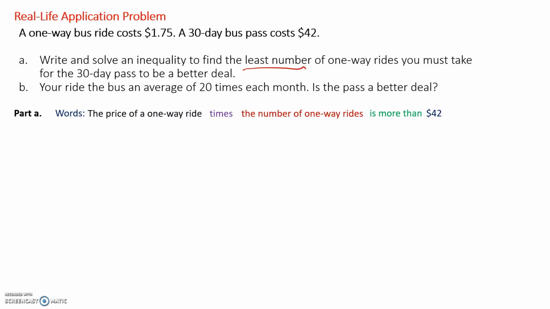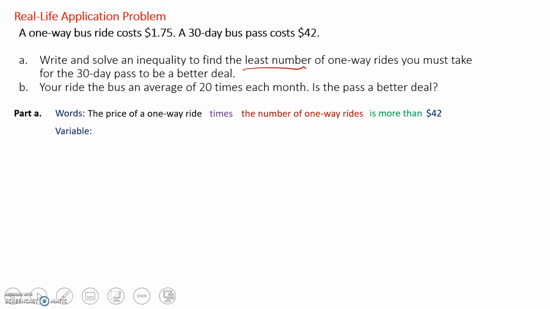It's more than $42 because it says to find the least, so it's got to be at least. It wants to know the least number of rides it's going to take for me to reach that $42 price mark.